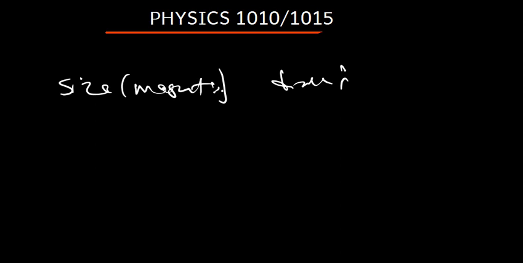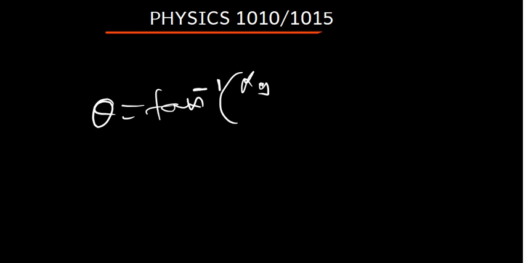Okay? So for example, we know that the angle theta is given by tan inverse of the y component divided by the x component. Now it is very, very important for you to know where the angle is going to be.